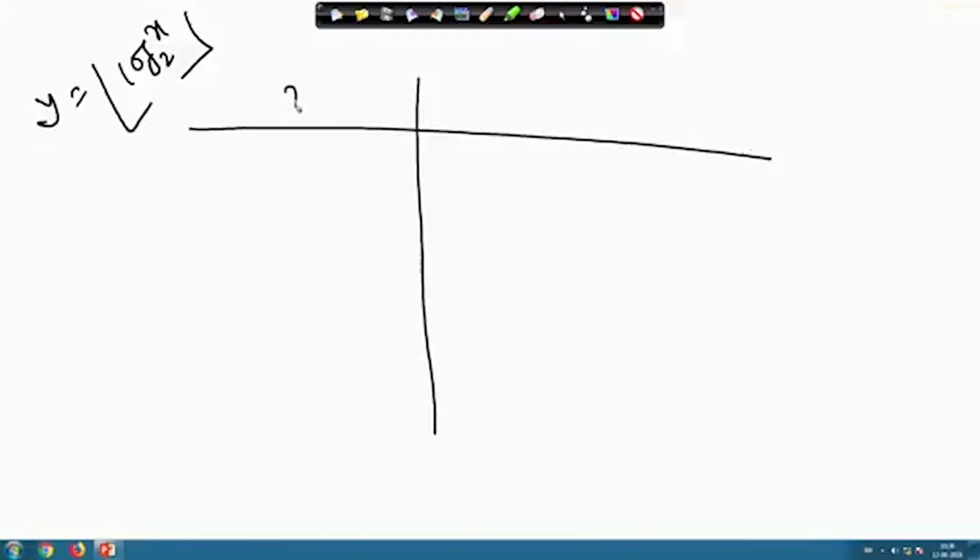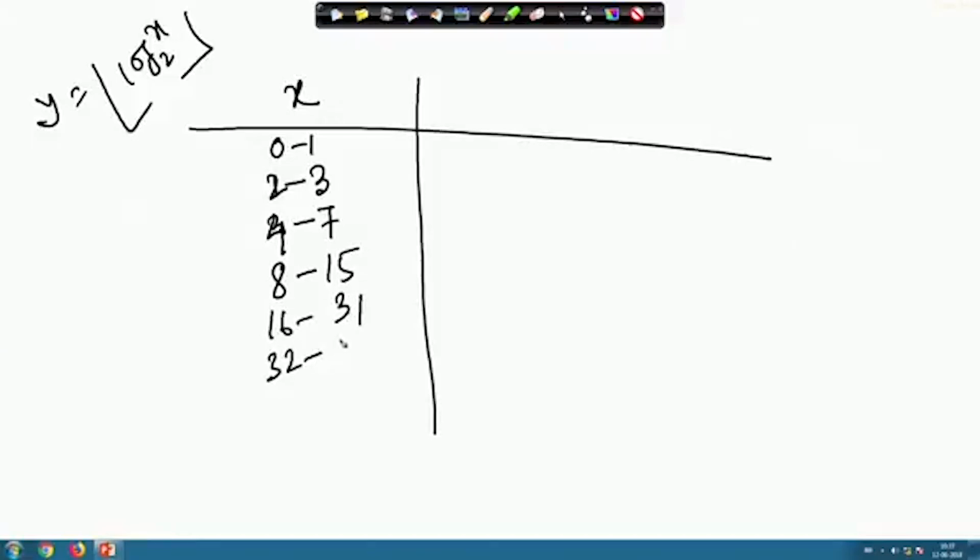So, if I just draw something like this, the range of x will be 0 to 1, then 1 to 3, then 2 to 3, then 4 to 7, then 8 to 15, then 16 to 31, then 32 to 63, then 64 to 127, then 128 to 255.